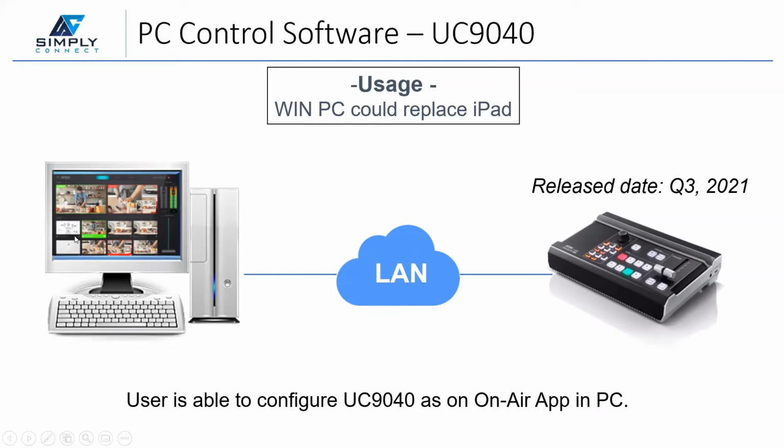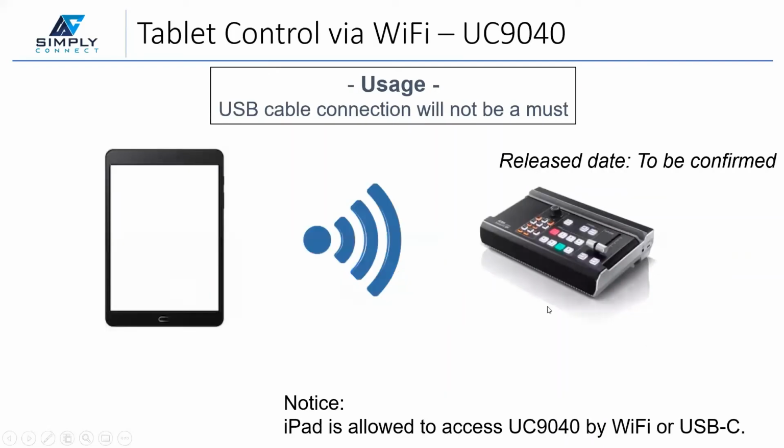So the UI, they will try to keep the same to that of those people who have been using the iPad UI. So you don't need to worry about learning a new software all over. So it's still like the same UI. Okay. They're also adding support for Wi-Fi. So instead of a physical USB connection between the tablet and the device, you can also connect through Wi-Fi.